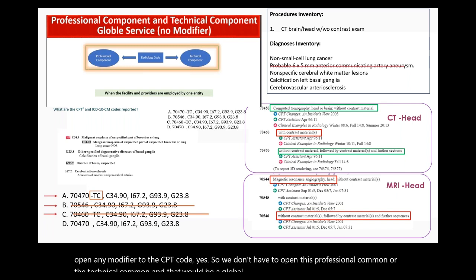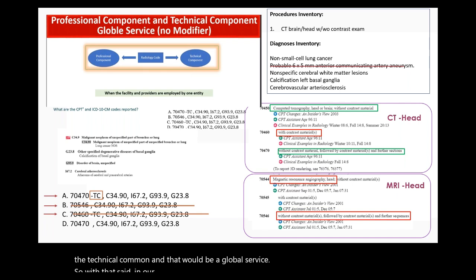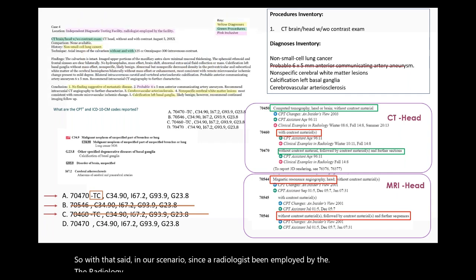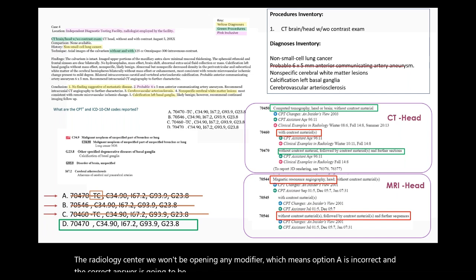So with that said, in our scenario, since a radiologist has been employed by the radiology center, we won't be appending any modifier, which means option A is incorrect, and the correct answer is going to be option D: 70470, C34.90, I67.2, G93.9, and G23.8. Okay, any questions, coders?